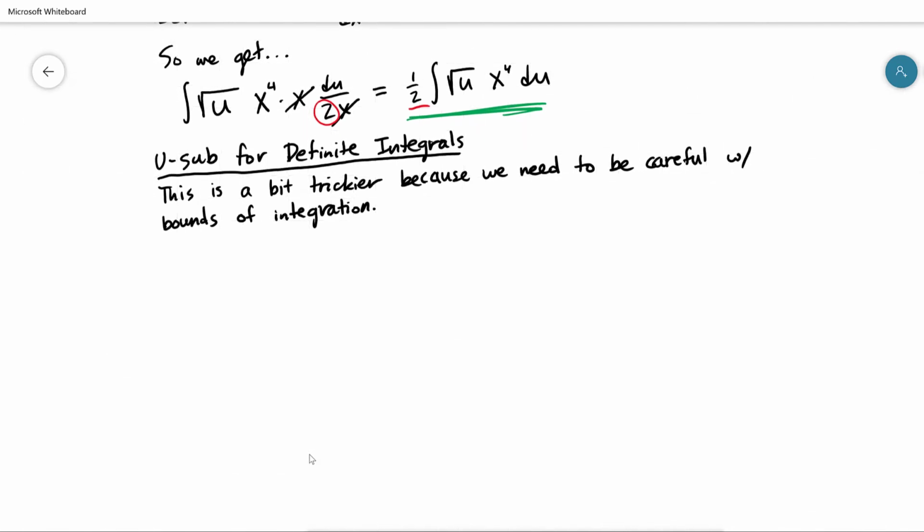So here's our setup. If that g prime of x term is continuous on the interval AB, and AB are going to be our bounds, and if f is continuous on the range of g, so these are those same requirements I mentioned a minute ago.